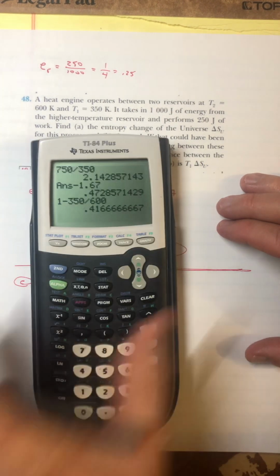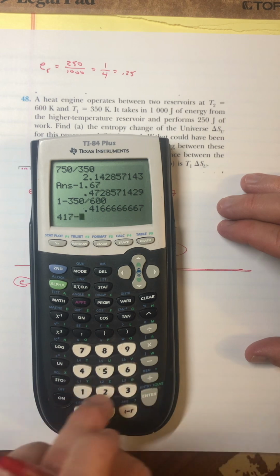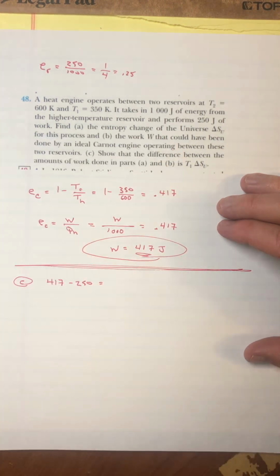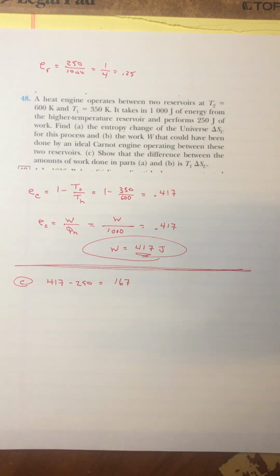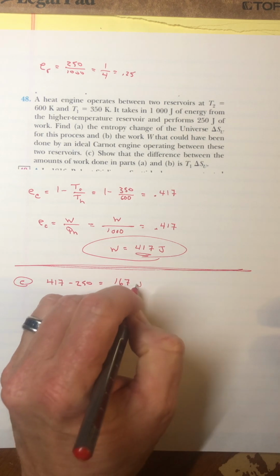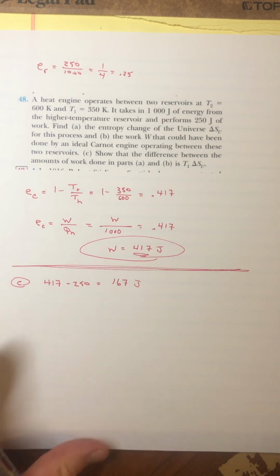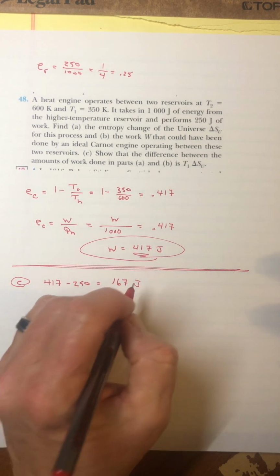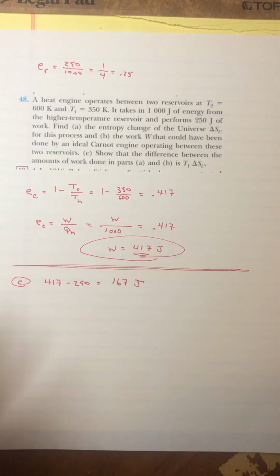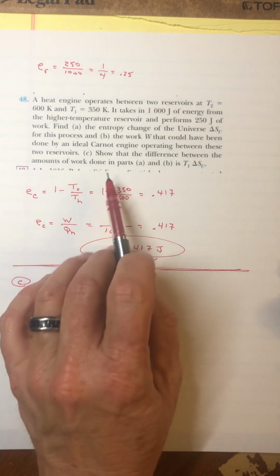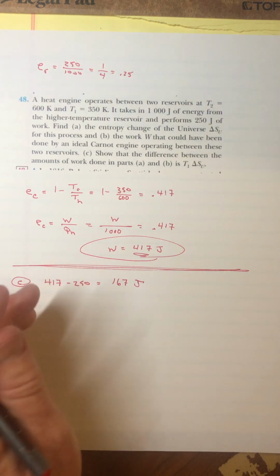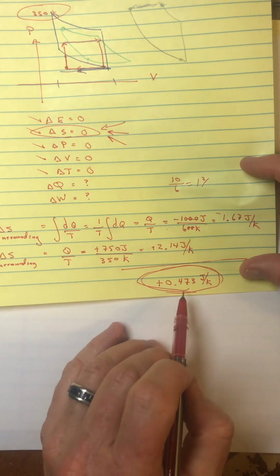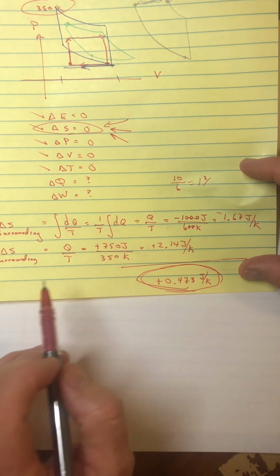If I take my 417 and subtract my 250, well, you might say that we missed getting 167 joules out. And we lost that, and now it's not available anymore. And so this is trying to say it went into the entropy. That's where the entropy increased.